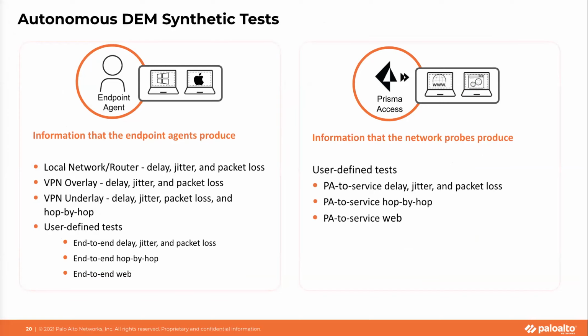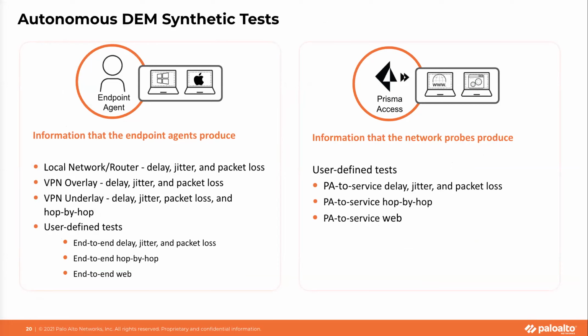Autonomous DEM synthetic tests. I talked about synthetic tests. This test comprises the data that is collected using the endpoint agents that are on each system, as well as the network probes that are automatically deployed in the Prisma Access using the compute region and location.